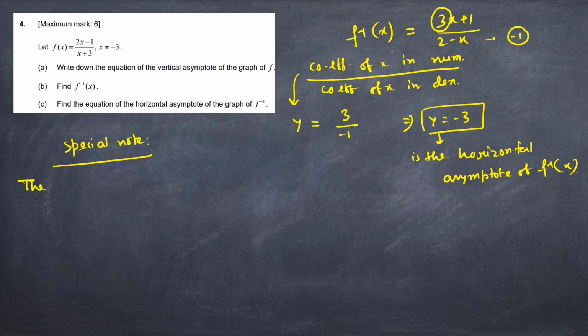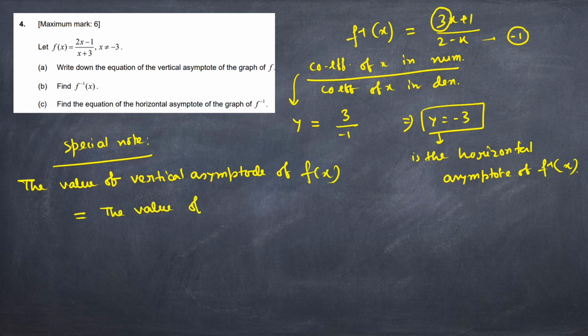The value of the vertical asymptote of f(x) is equal to the value of the horizontal asymptote of f inverse x. This is a very important point. So in this way, this problem is also done.